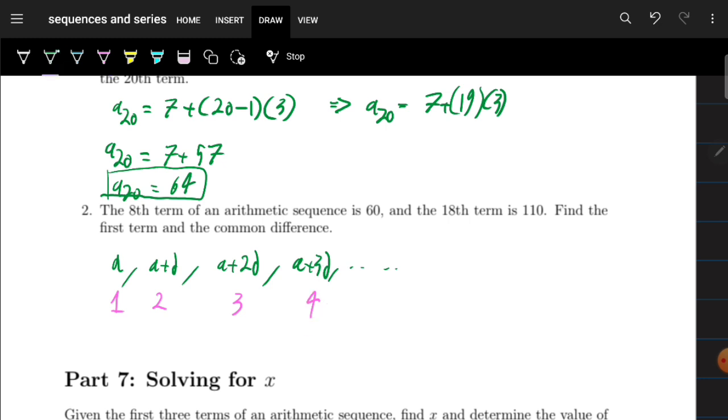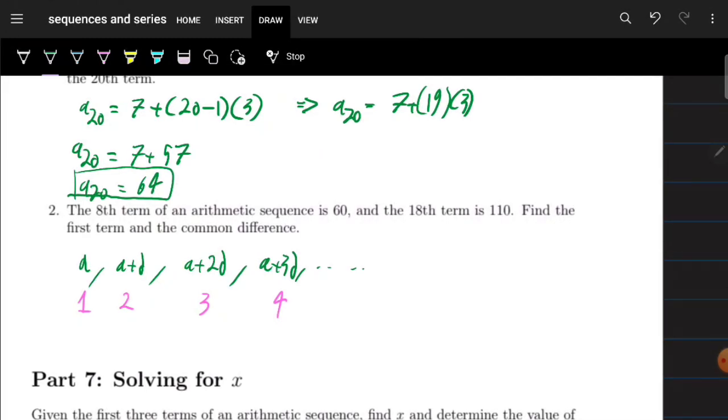So we can predict that the eighth term is going to be, and you can test this out by writing out the full expression on a sheet of paper, just continuing this, but the eighth term is going to be A plus 7D. And what about the 18th term? Well, the 18th term is going to be A plus 17D.